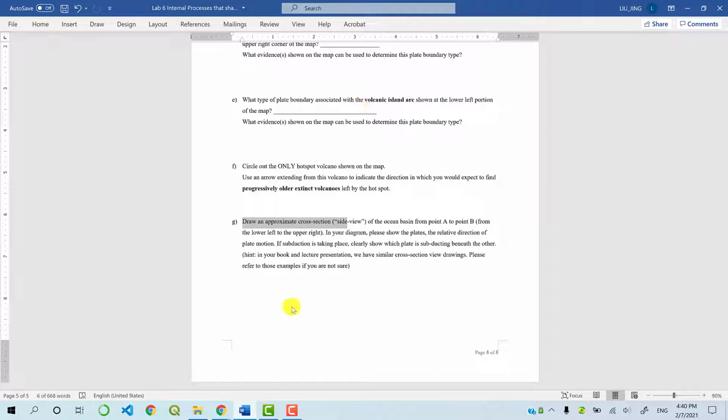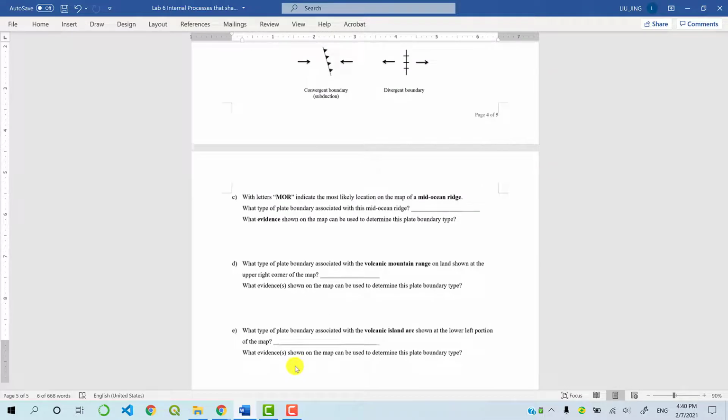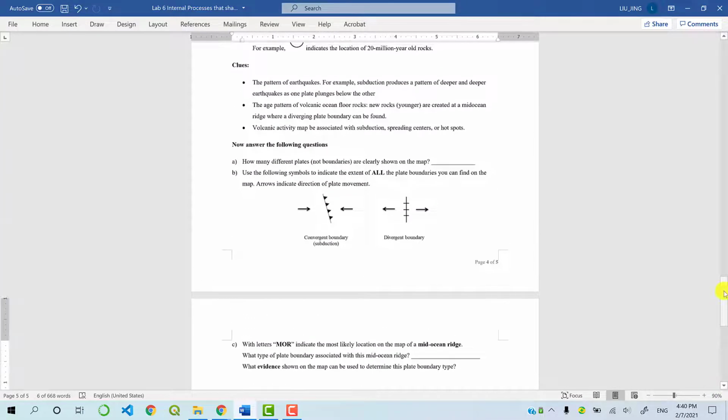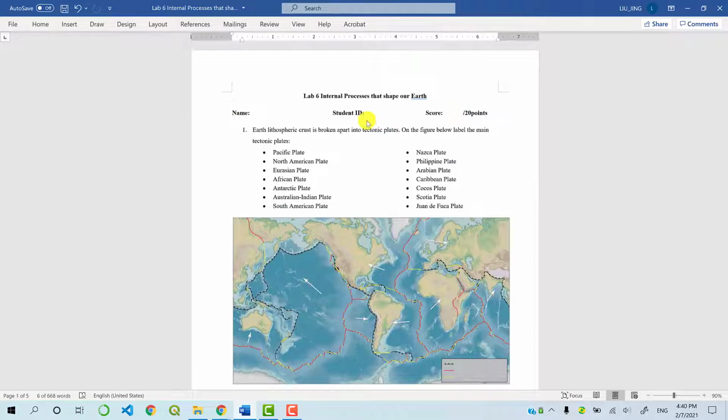So that's it. It's a relatively easy and straightforward lab, but I hope it can give you some help in understanding our internal processes, specifically our plate boundaries, how they shape our landforms, how they shape our Earth.